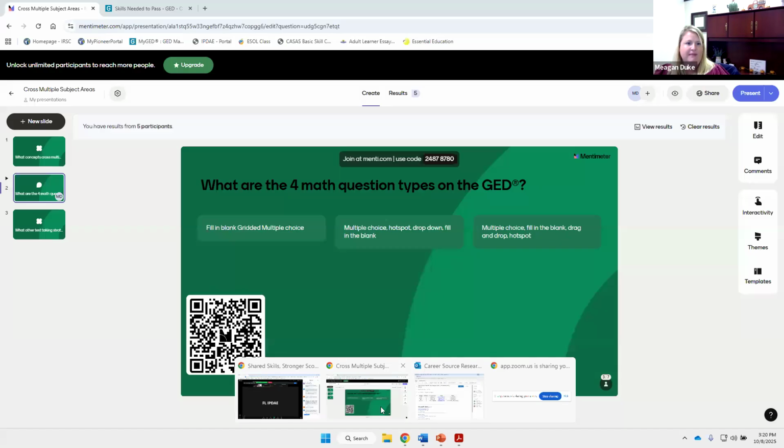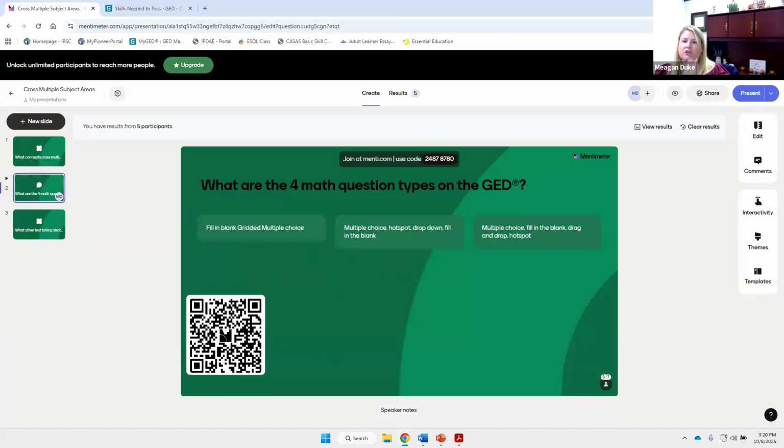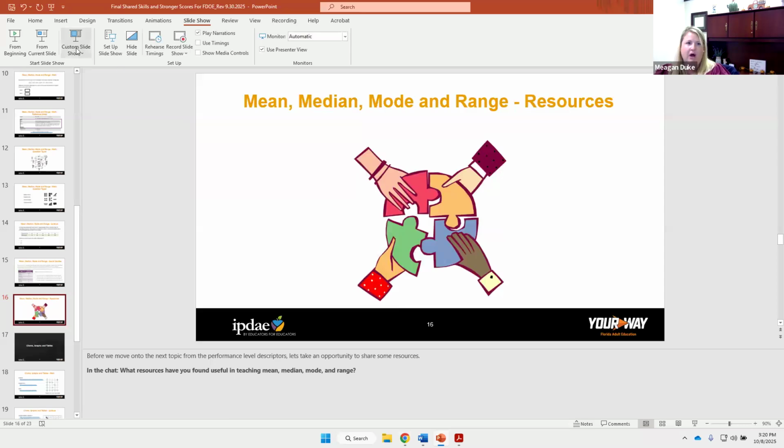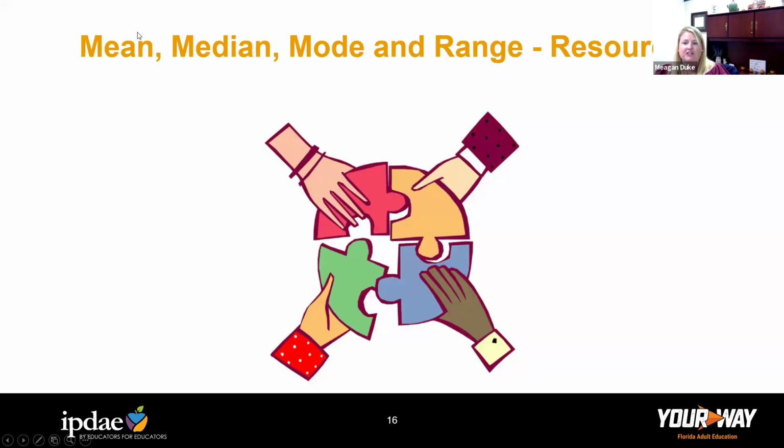And again, I'm pulling up my Mentimeter for that. Oh, no, actually, I'm so sorry. That was for the chat. My apologies. Is there any other suggestions, any other resources? I remember I wanted to ask you to answer this in the chat so you would immediately be able to copy and paste those resources if somebody shared something beneficial to you.